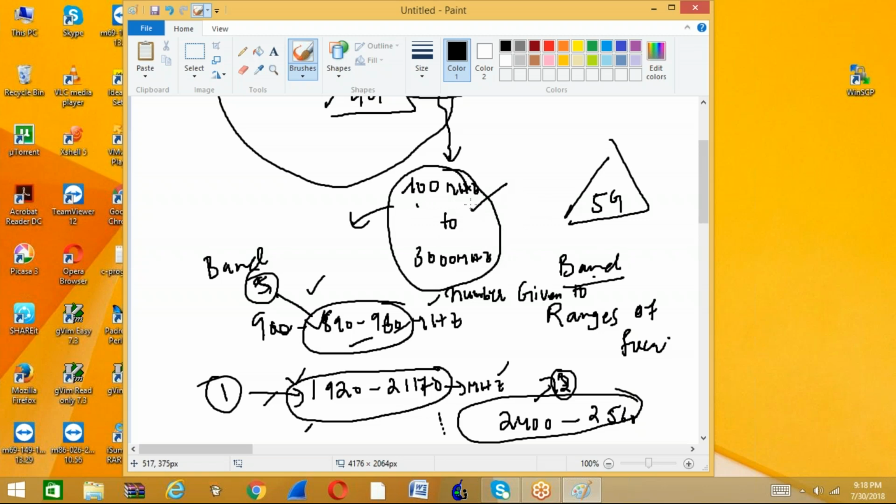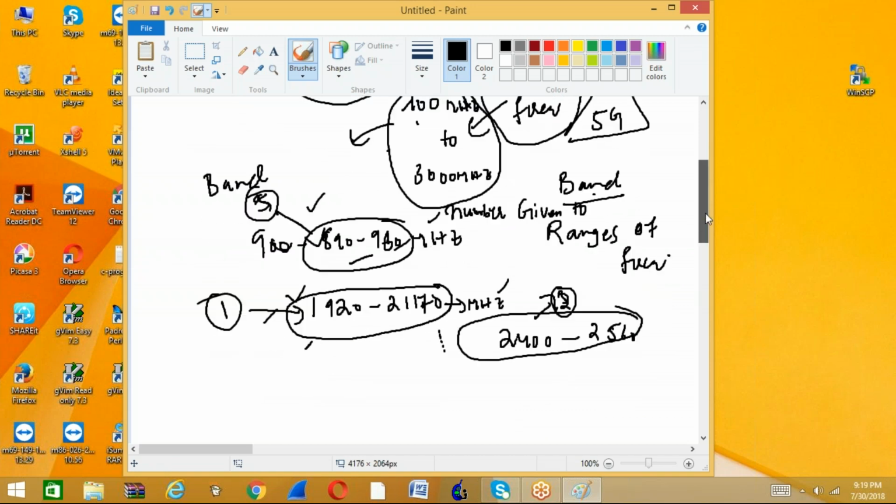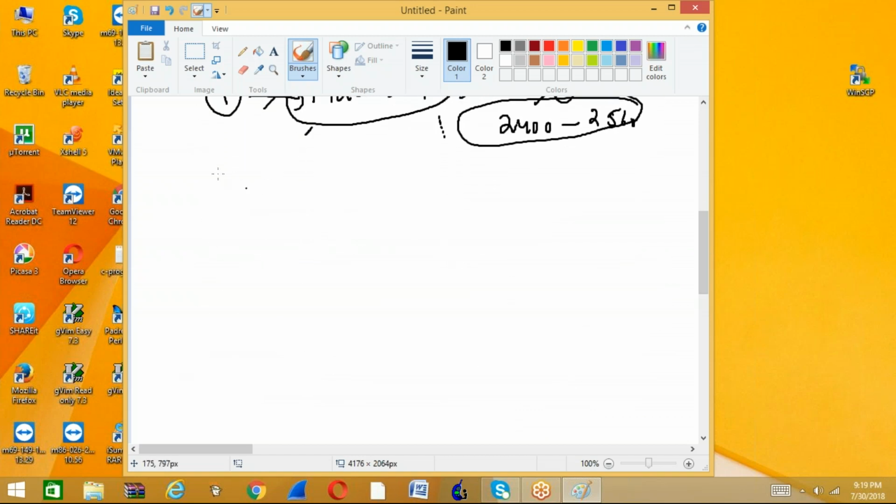This frequency is called radio frequency, which is used for telecommunication, between 100 megahertz and 3000 megahertz. For each band we have given some range.